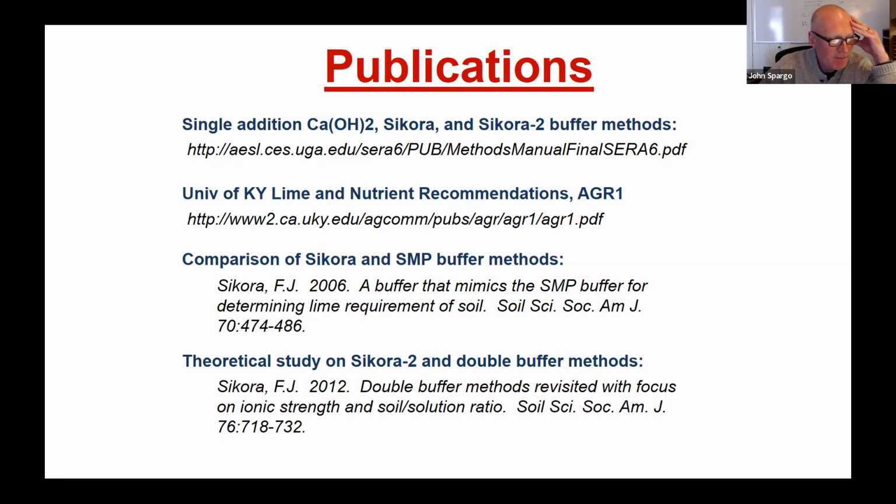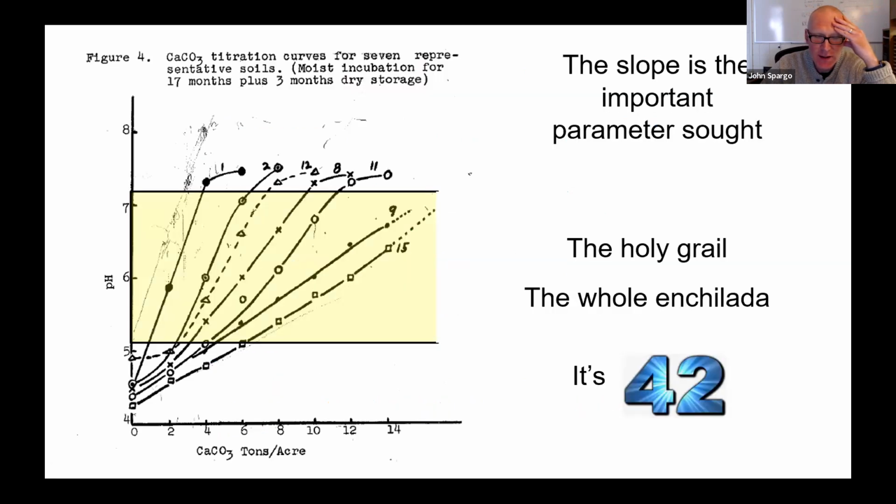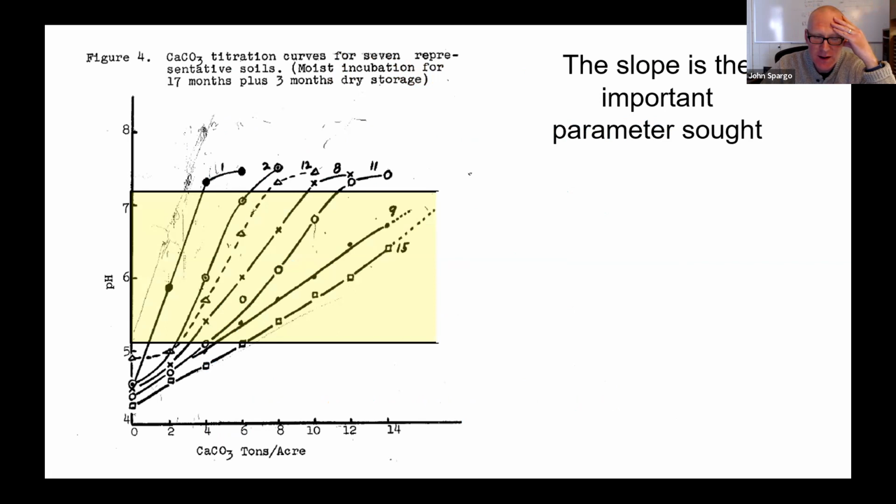Hey, Frank, I have maybe a little bit of an esoteric question. I noted on the Shoemaker incubation figure caption, the soils were incubated for 17 months and then aged for 3. What do you think the purpose of dry aging for 3 months was?